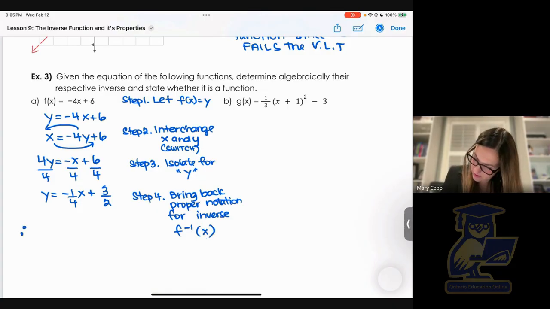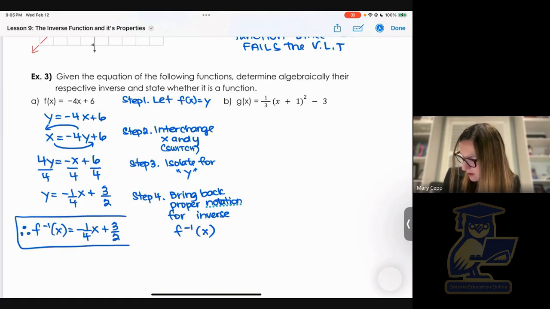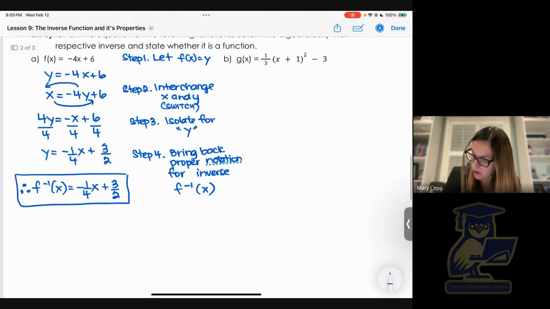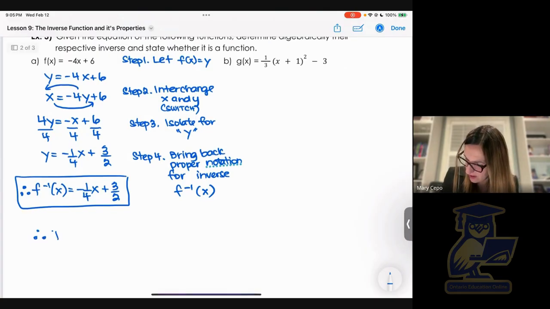So therefore, f inverse of x is equal to negative 1 over 4x plus 3 over 2. Now, given the inverse, as you can tell, it's also a linear function. So therefore, we can say the inverse of x is a function.